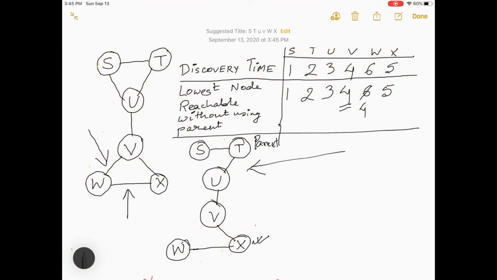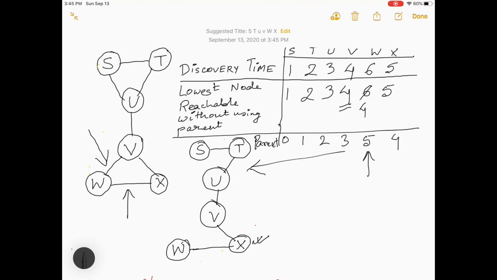For S we can initialize this as say 0. For T it will be the discovery time of S. For U it will be 2, 3, 4, and 5. So these are the discovery times of the parent nodes for each of these nodes.